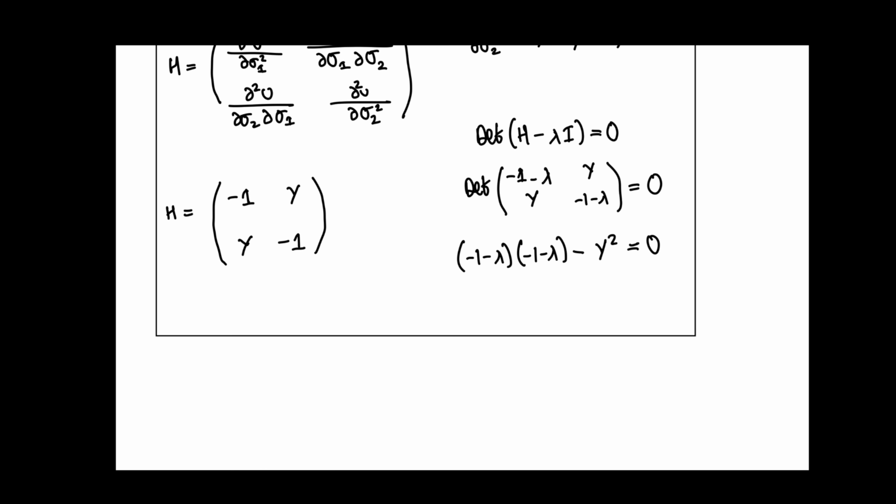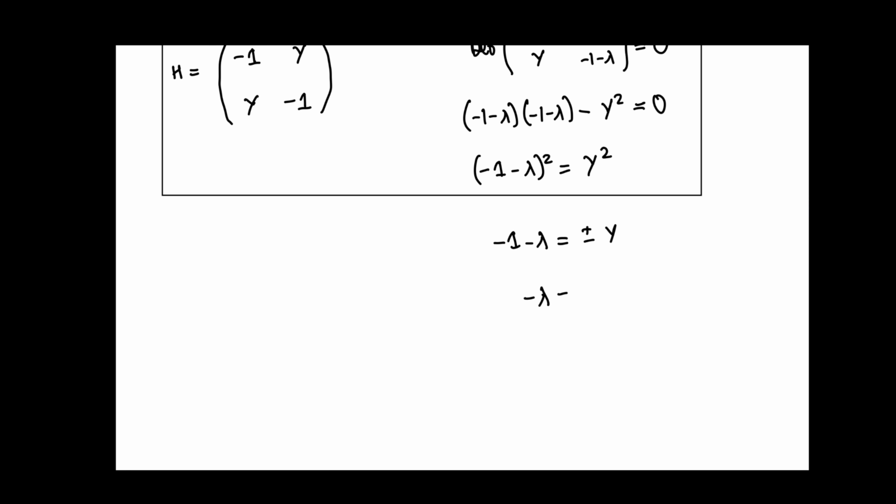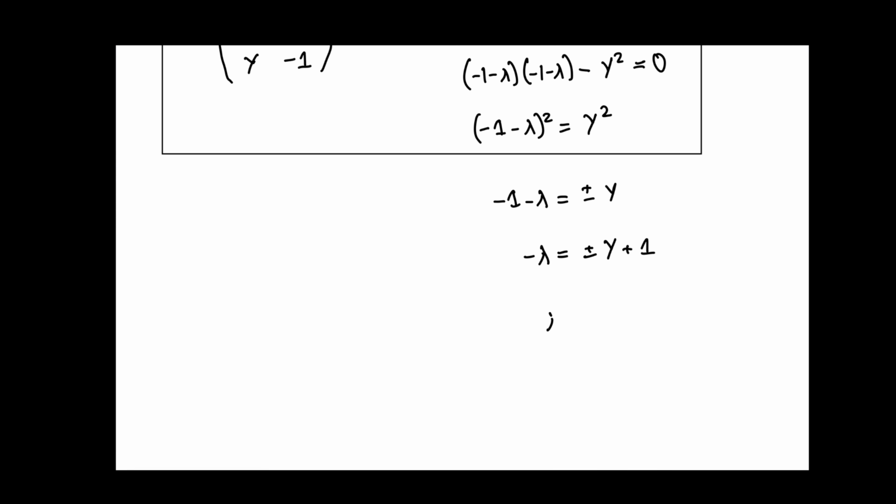If we now solve this, we get (minus 1 minus lambda) all squared is equal to y squared. So minus 1 minus lambda is equal to plus or minus y. And then minus lambda is equal to plus or minus y plus 1. And then we've got lambda is equal to plus or minus y minus 1, which I'm going to write as minus 1 plus or minus y. Okay, so these are our two eigenvalues.